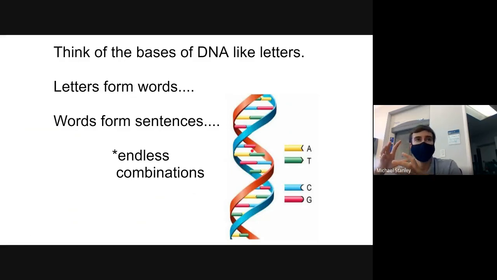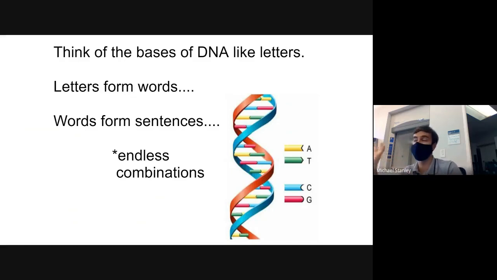So we'll use these bases as a starting point when we talk on Thursday about how DNA copies itself, because every single cell in your body contains a full set of your DNA. So every single cell in my body, whether it's a skin cell or a heart cell or a brain cell or a bone cell, has all of Mr. Stanley's DNA in it.